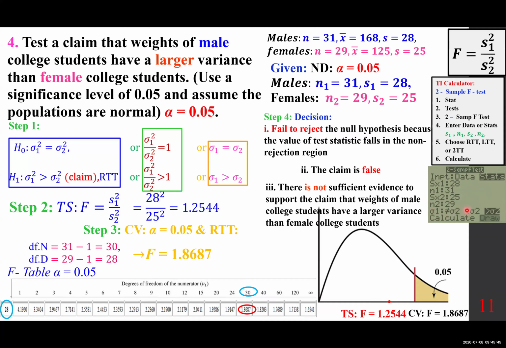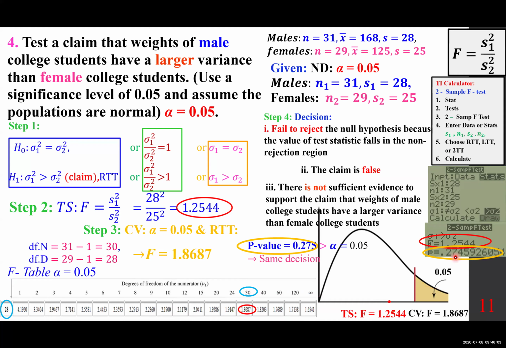Sigma 1 is less than sigma 2. Sigma 1 is larger than sigma 2. In other words, they chose this one, okay? So clearly, you can see the value of F that was calculated as test statistic. You can also see the p-value, which is greater than alpha of 0.05. Same decision.